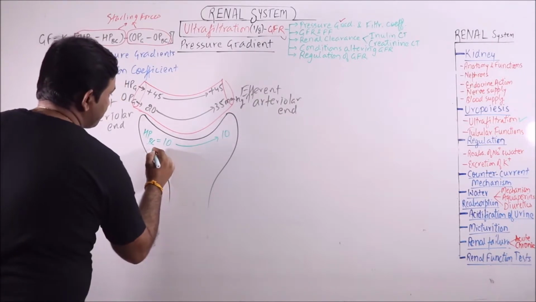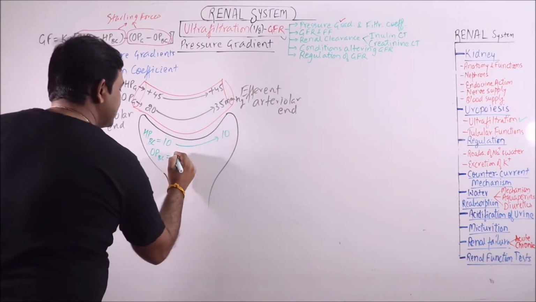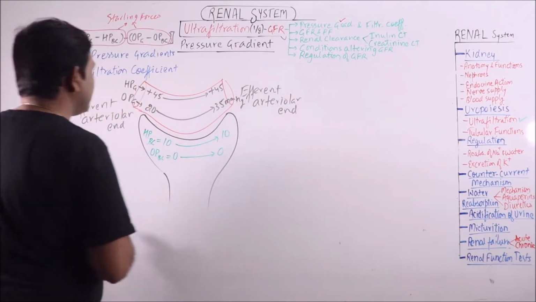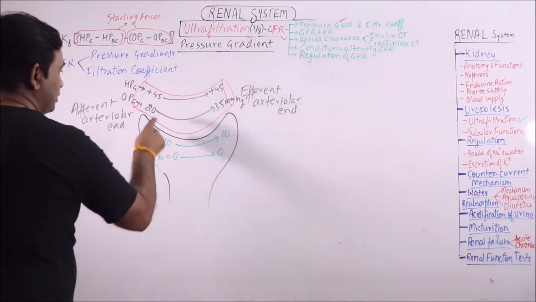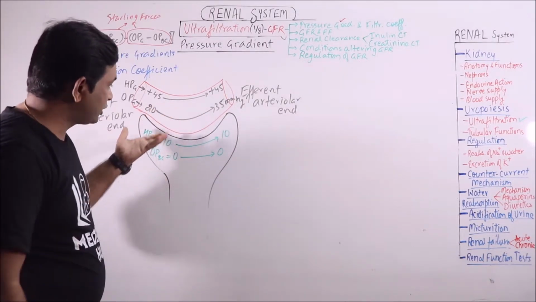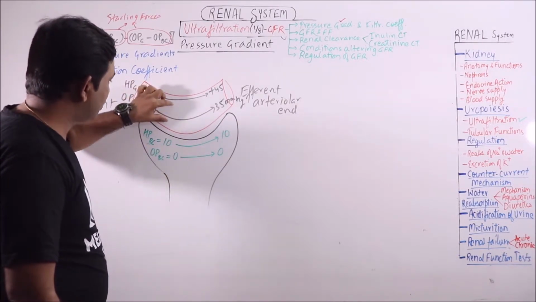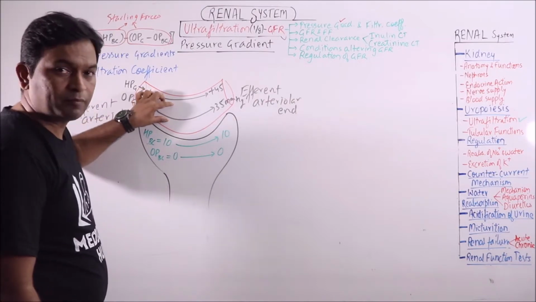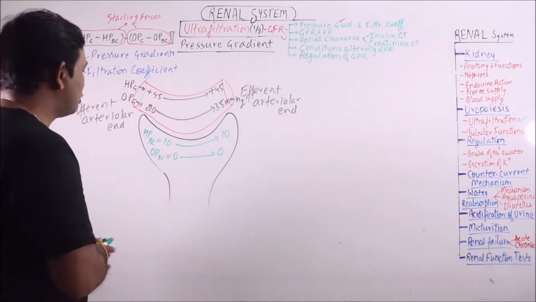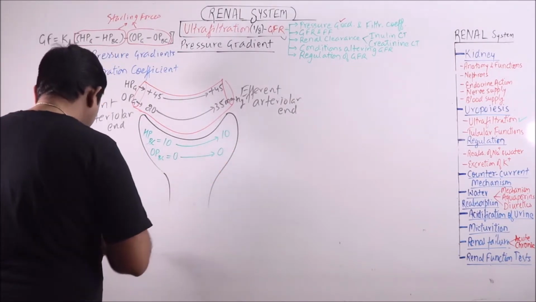Then the osmotic pressure in Bowman's capsule is basically 0, almost nil, and remains 0 because the osmotic pressure is because of the proteins which get filtered, and if proteins are not coming, then the osmotic pressure will be nil. So all the plasma proteins of the blood will remain in the blood and will not come out in the Bowman's capsule. So osmotic pressure of the Bowman's capsule will remain 0.